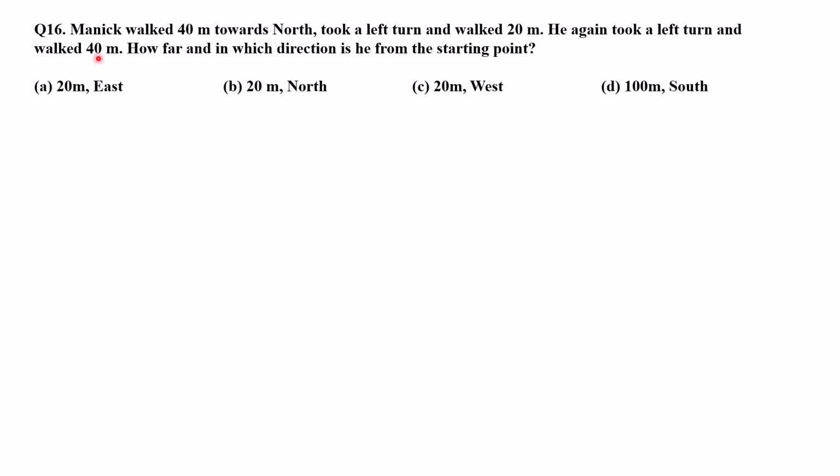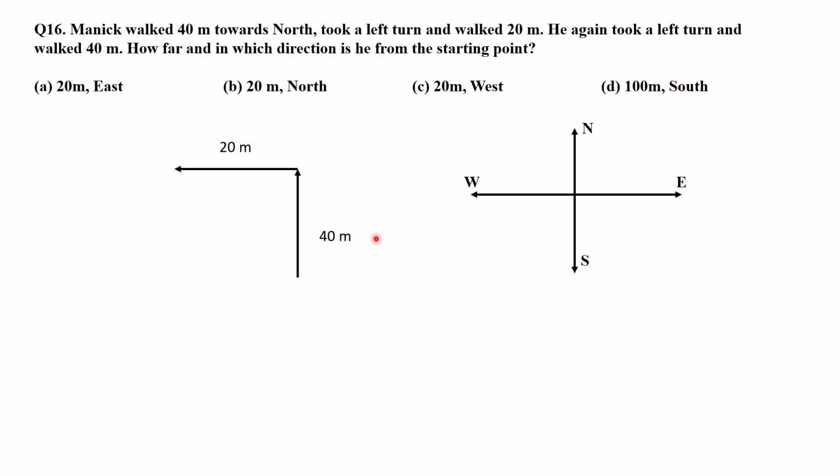Now question 16, this is a direction based question. Manik walked 40 meters towards north, then he took a left turn, walked 20 meter. Again he took a left turn and walked 40 meter. Now you have to find how far and in which direction is he from the starting point. Okay, so let's see the directions. This is north, south, east, west direction. First he walked 40 meters towards north. So this is the north direction. Then he took a left turn and walked 20 meter.